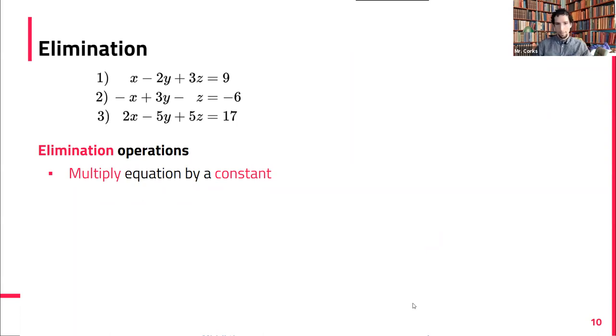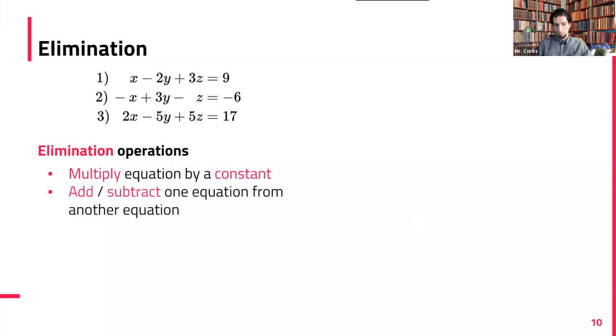So we select 2 equations, for example, equation 1 and 2, and then we add or subtract them, which depends on which variable we want to eliminate. Okay, so that's the goal based on which thing we want to eliminate, but just the basic operation is take one equation and add or subtract it to another equation.